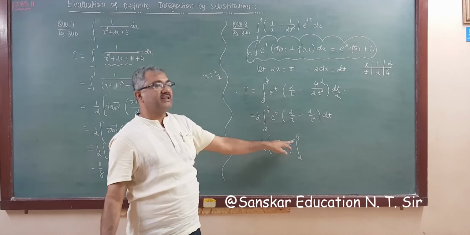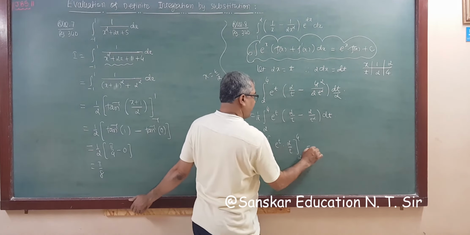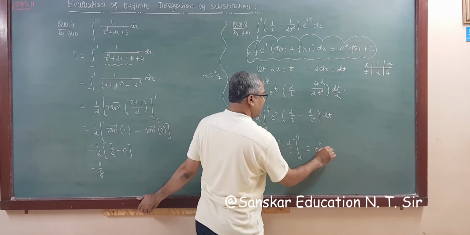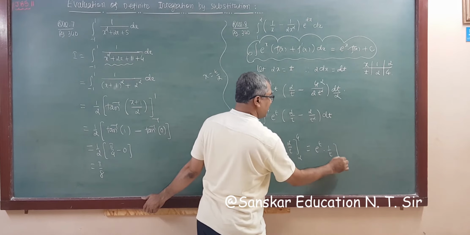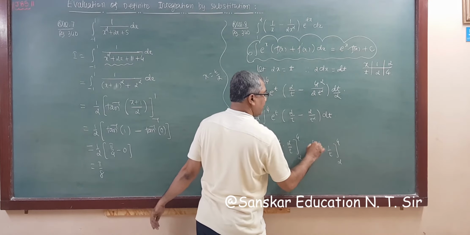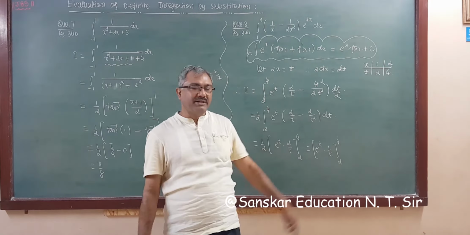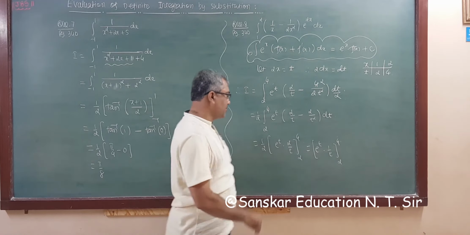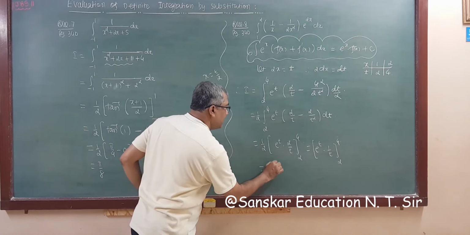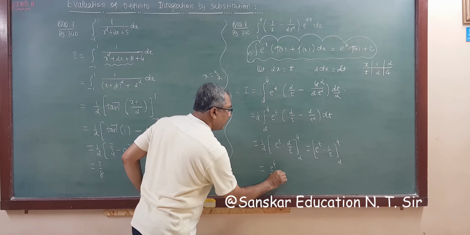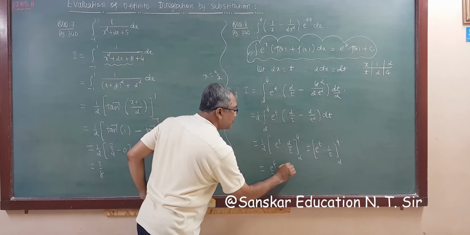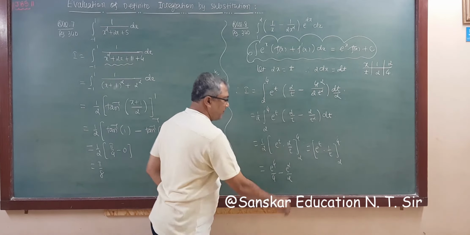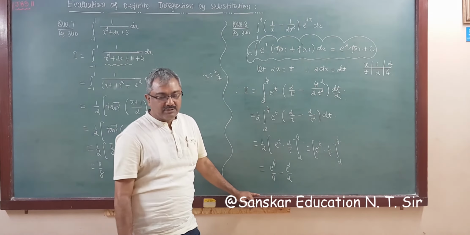So this half and this 2 will be cut. So remaining will be e raised to t into 1 upon t, limit is 2 to 4. Now substituting limit, we get upper limit first. So answer will be e raised to 4 by 4 minus e raised to 2 divided by 2. This is your answer.